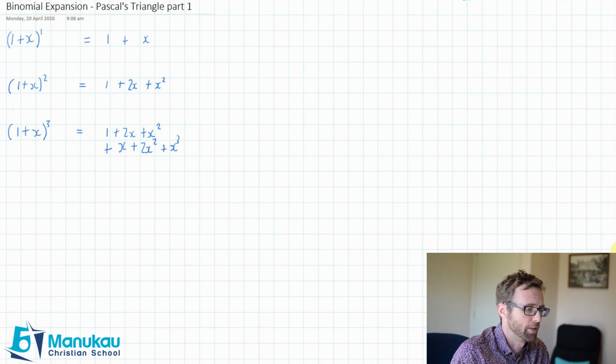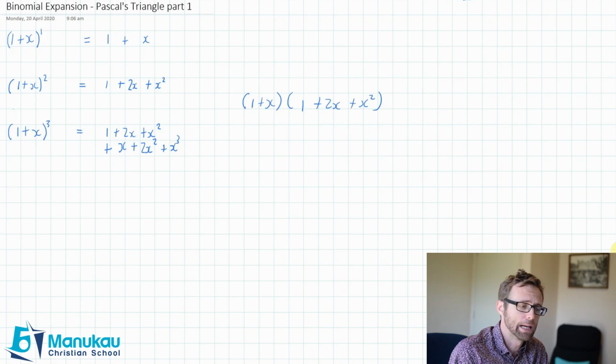And we can simplify this, can't we? Now, if you're a little confused as to how I've done this, think for a moment. To get 1 plus x cubed, I'm going 1 plus x, and then I'm timesing it by 1 plus 2x plus x squared. And I've just timesed all of those by 1. That's given me this top line here, and then I've timesed them all by x, which has given me this.